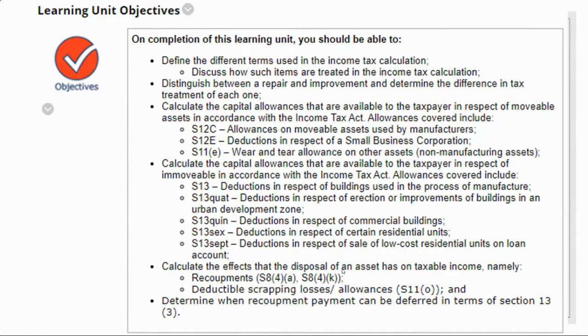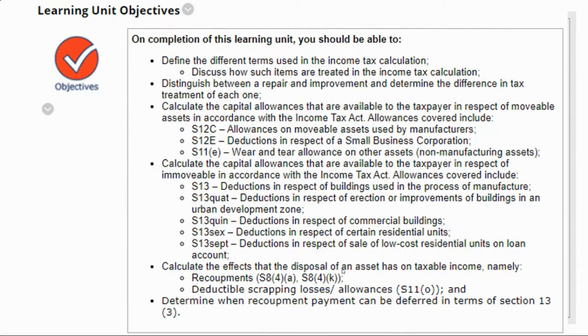Now, what makes this section a lot more enticing for small businesses is the fact that if they create manufacturing items or they work in the manufacturing space, their assets will be 100% deductible in the first year they bring it in, as opposed to the 40% in terms of section 12C. And then all the other assets would be 50% in year 1, 30% in year 2, and 20% in year 3. Now, when we look at a practical example today, we will just show you that again.